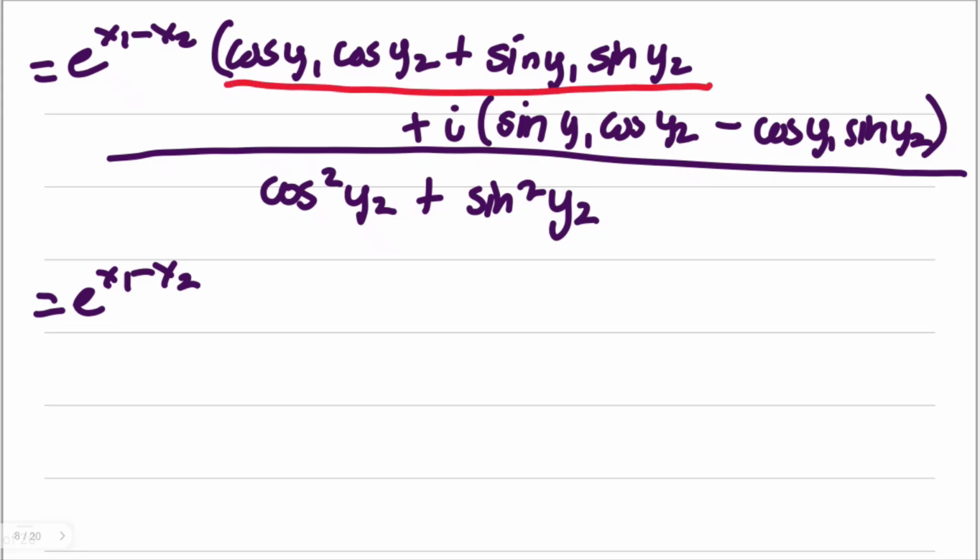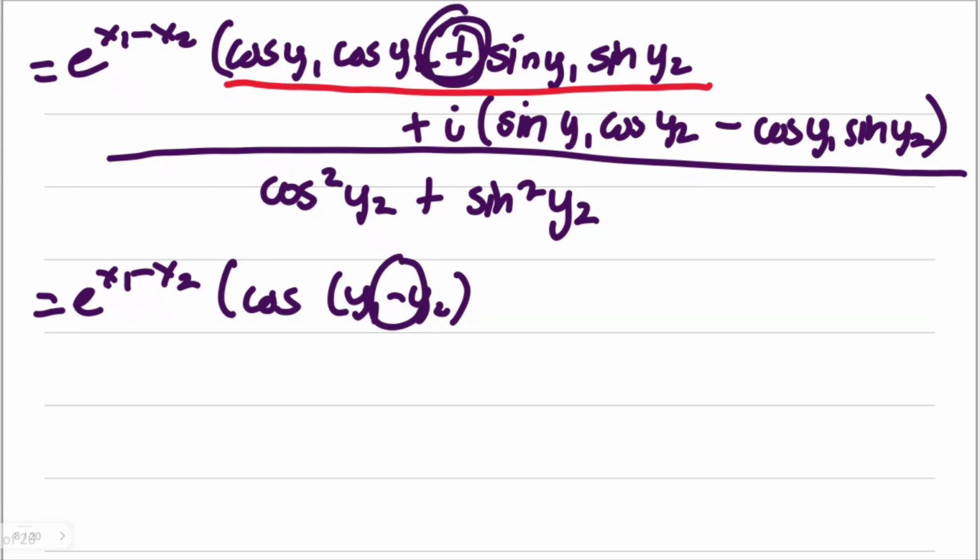You have the cosine of the first angle, cosine of the second angle, plus sine of the first angle times the sine of the second angle. It follows the concept of the sum and difference formula specifically for cosine. But since it's plus here, the other form for that is actually cosine of the difference of y sub 1 and y sub 2. Yes, if it's plus, minus; if it's minus, this is plus.